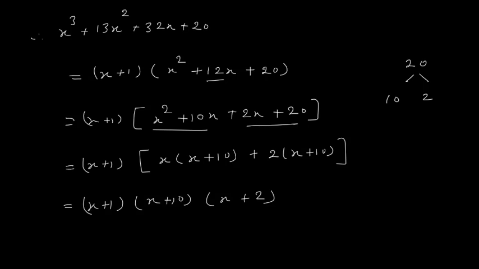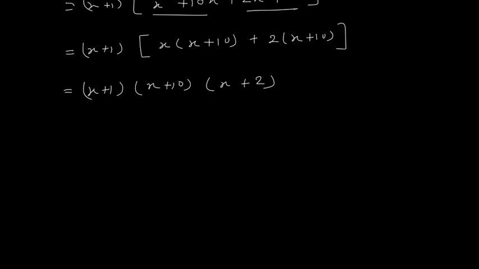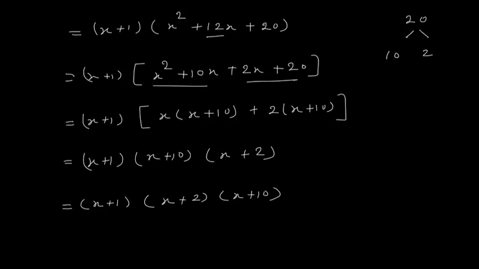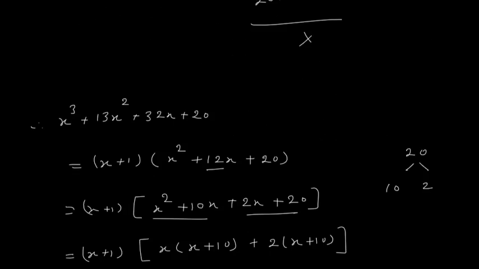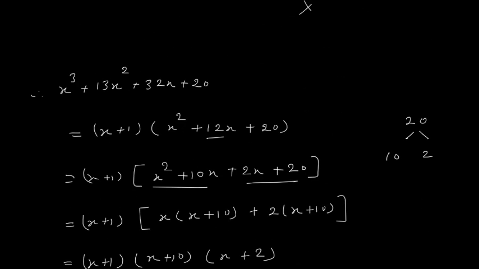You can rearrange the order as x plus 1, x plus 2, and at last write x plus 10. It is not compulsory, you can keep your solution as x plus 1, x plus 10 and x plus 2. So this is how we do the factorization.